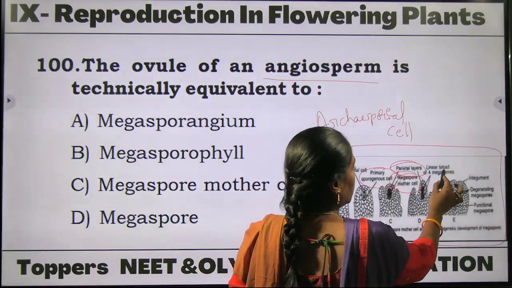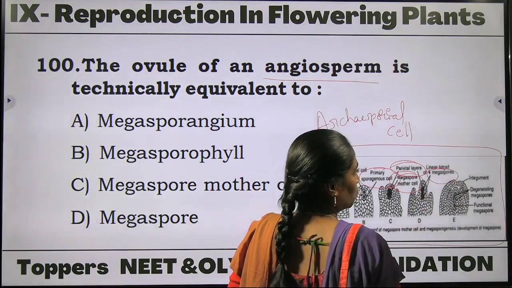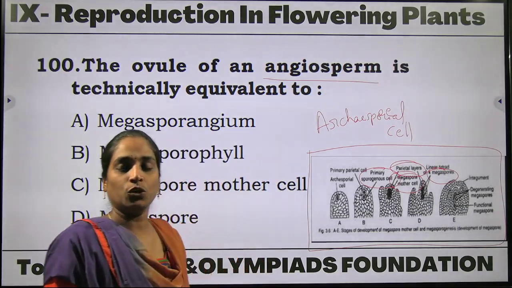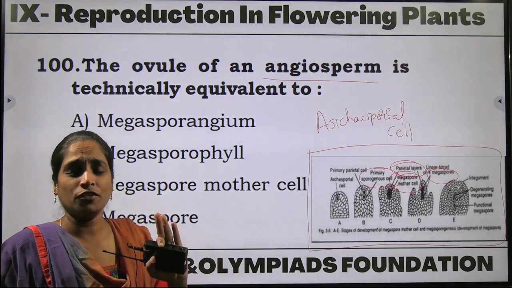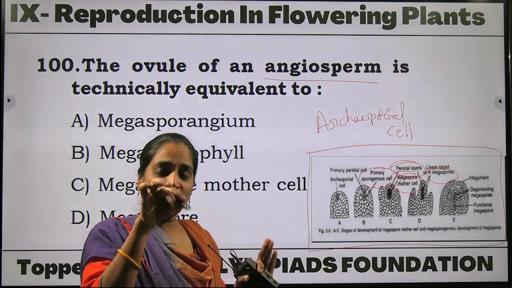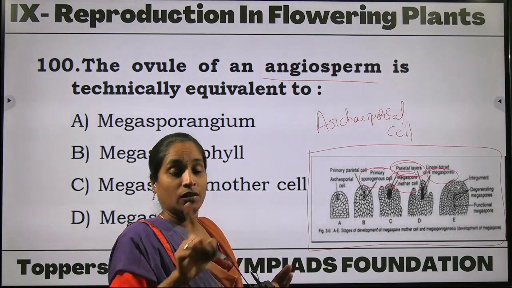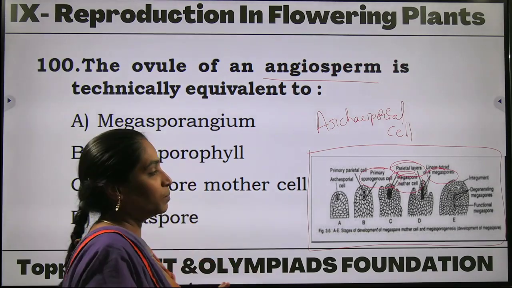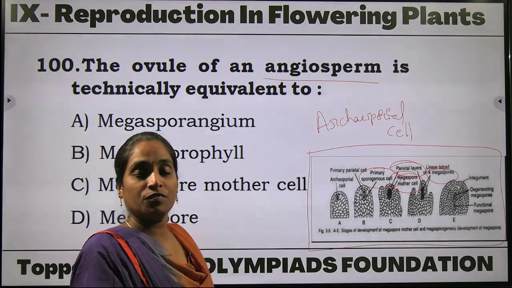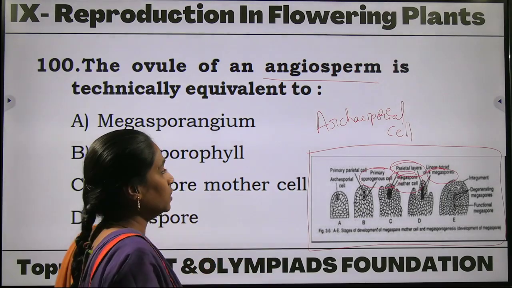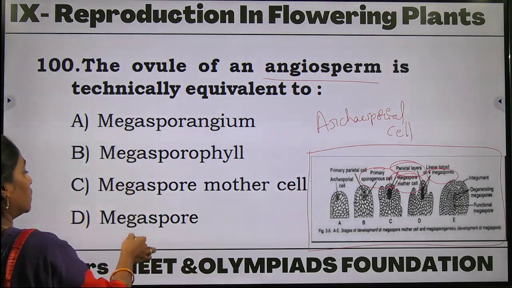Next we can observe the megaspores. The megaspore mother cell forms four cells; the remaining three cells degenerate and only one megaspore will be present, which undergoes mitotic cell division and then forms the embryo sac.